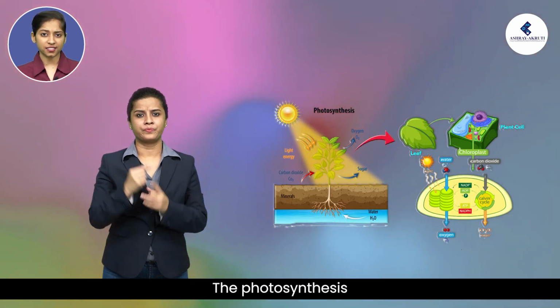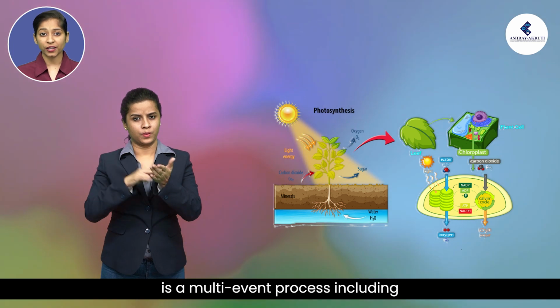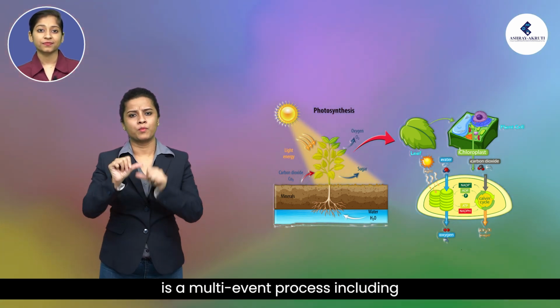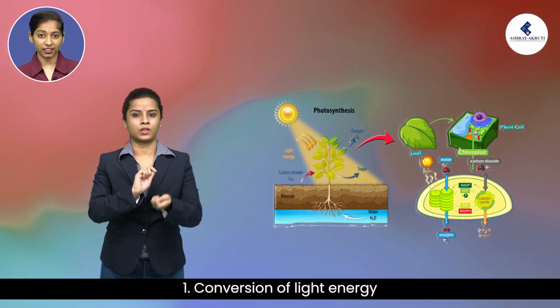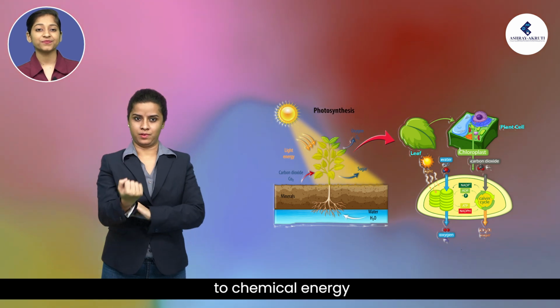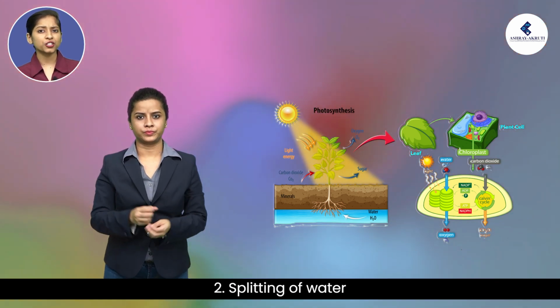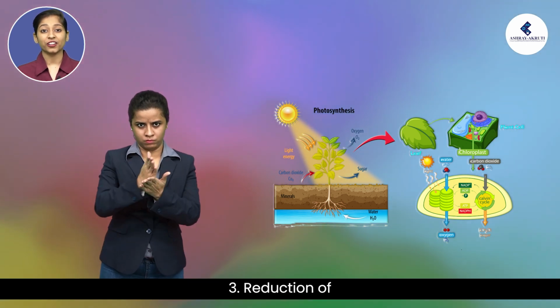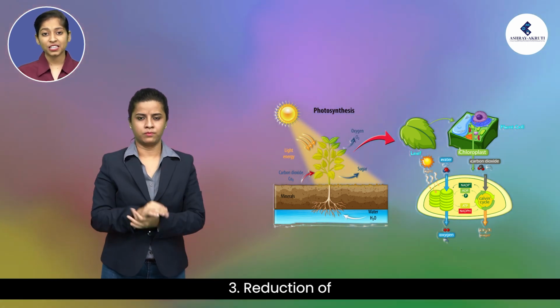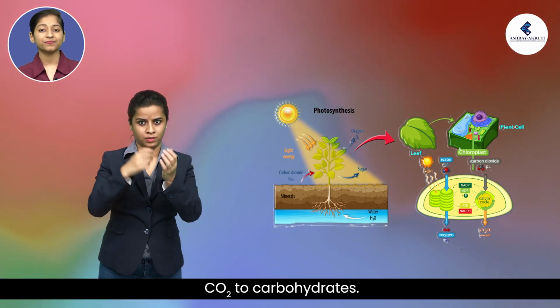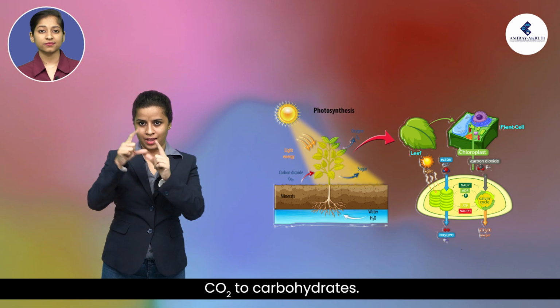Photosynthesis is a multi-event process including conversion of light energy to chemical energy, splitting of water molecules, and reduction of CO2 to carbohydrates.